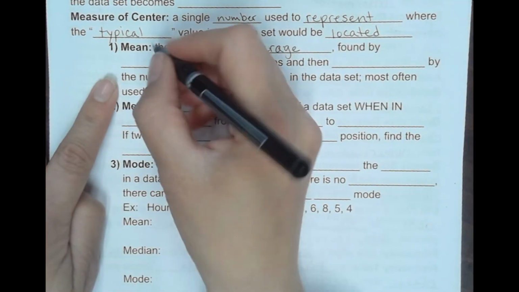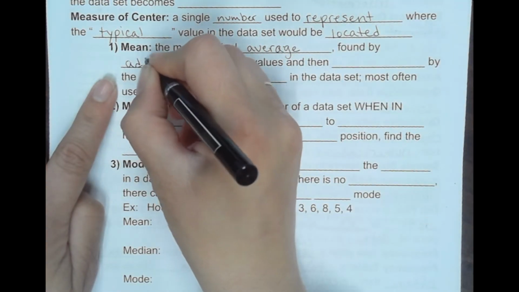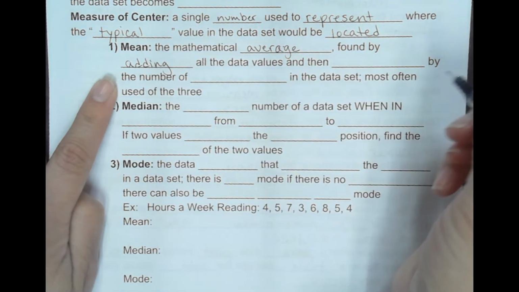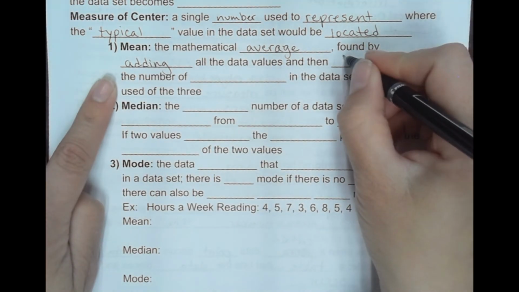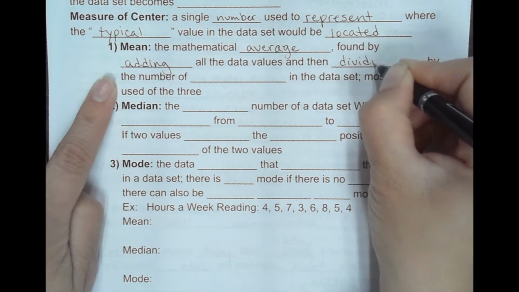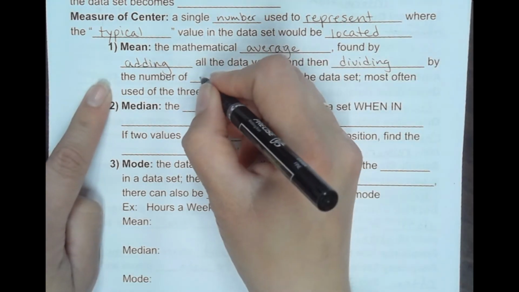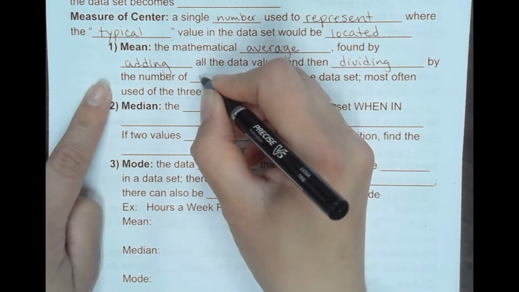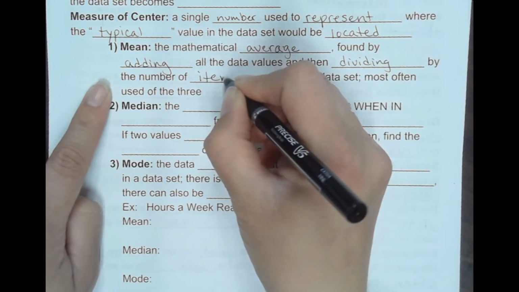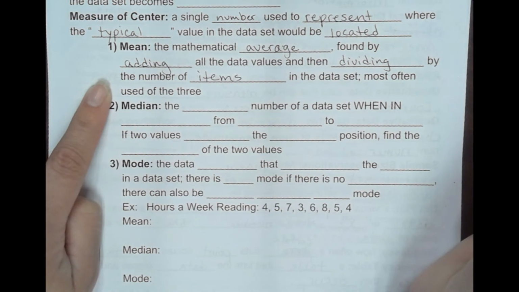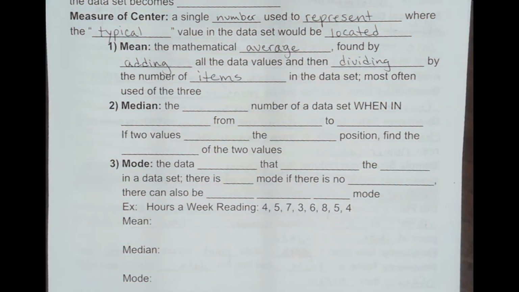Found by adding all the data values, and then dividing by the number of items in the data set. Most often used of the three.